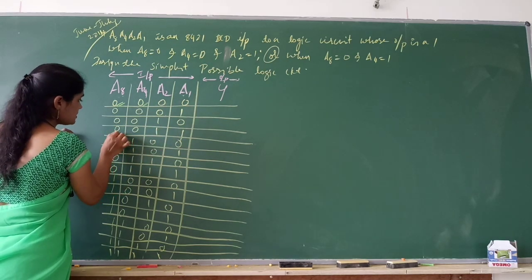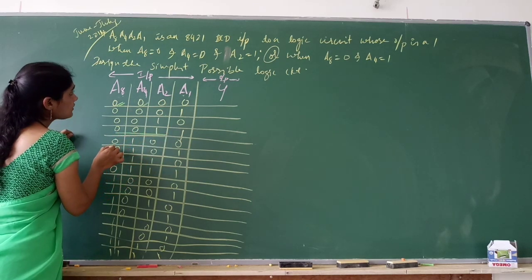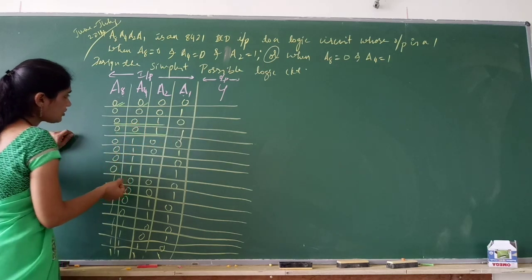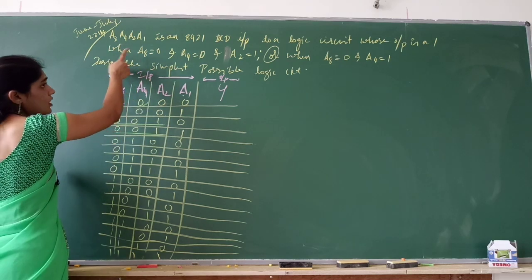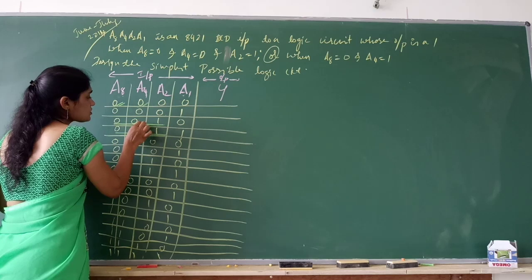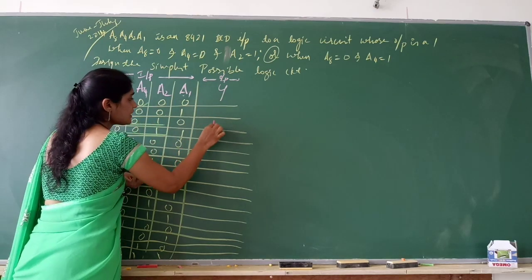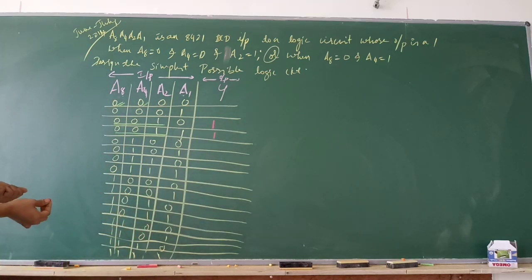This is a combination. Any other combination? No. The first case is output will be 1 when A8 is 0, A4 is 0, A2 is 1. So only these two combinations satisfy the first condition for the output variable to be equal to 1.